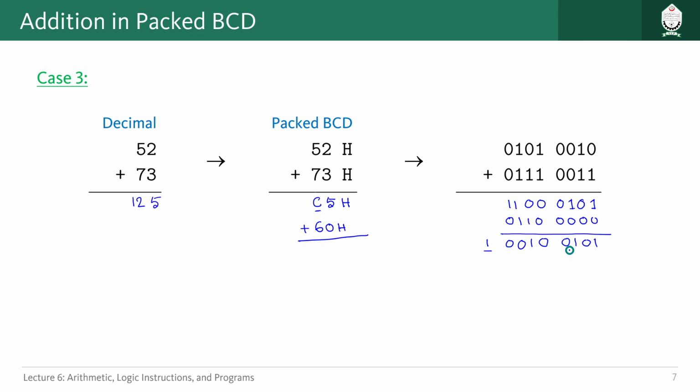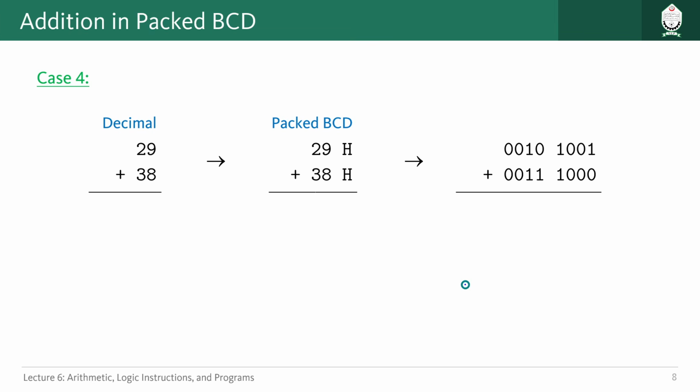This one. So this portion, these 4 bits are representing 5, this is 2, and for this one you can add 3 zeros and consider that as another packed BCD, right? BCD basically. So you see here also, by adding this 60, this is solving our problem, and the result we are getting is looking exactly like the decimal representation, right?